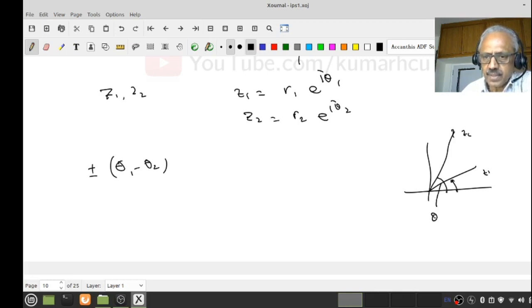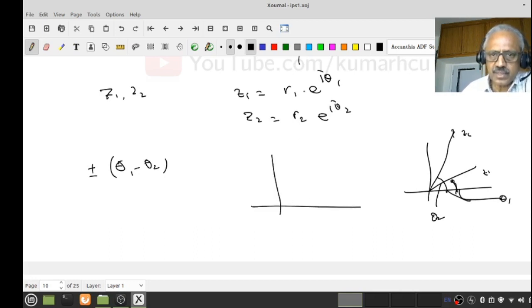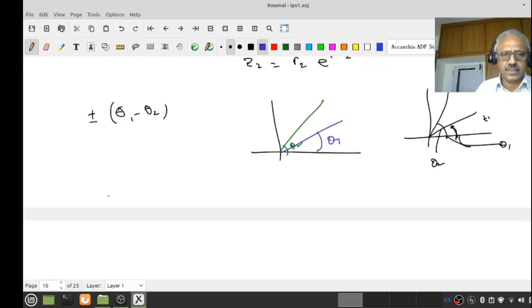This is theta 2, this is theta 1, right? So the angle is either theta 2 minus theta 1 or theta 1 minus theta 2. It depends upon from which way you go.